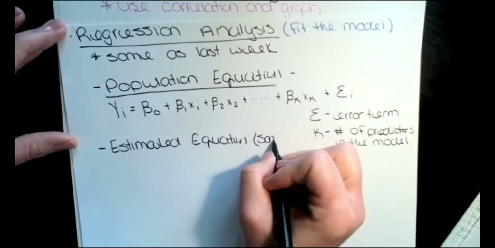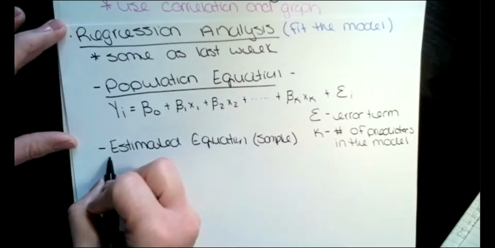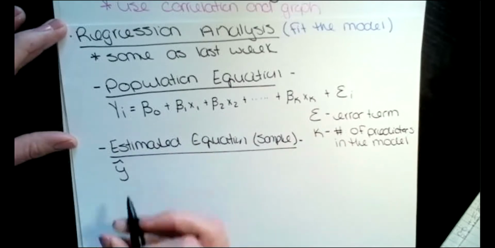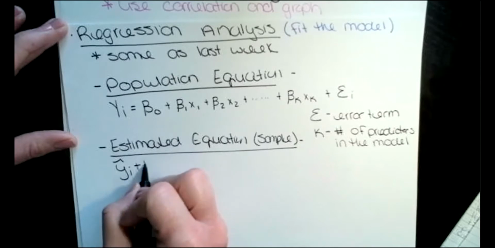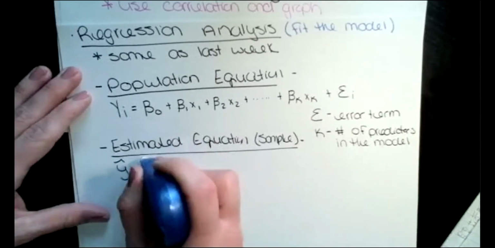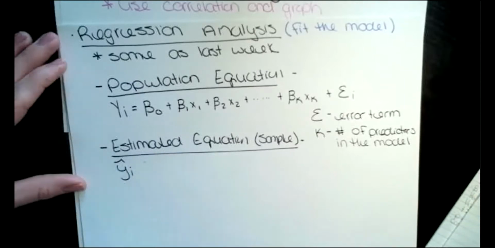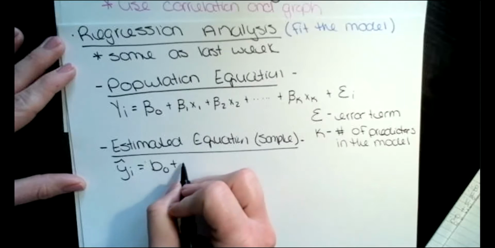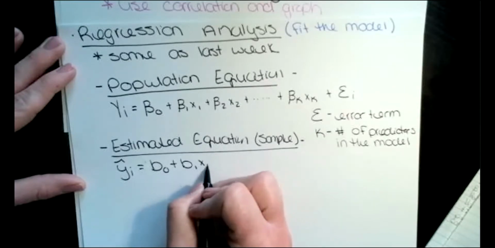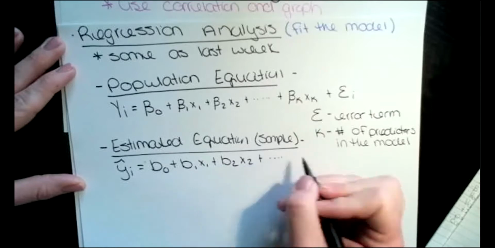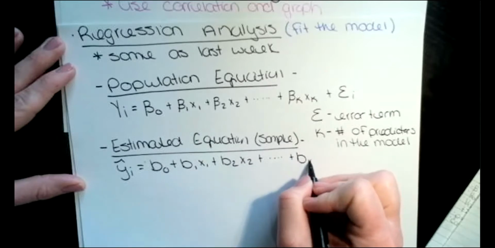I'm going to write sample. This equation is going to look very similar. Y hat i, you know I'm going to use b here, not beta now. b naught plus b1 x1 plus b2 x2 plus all the way up to bk xk.